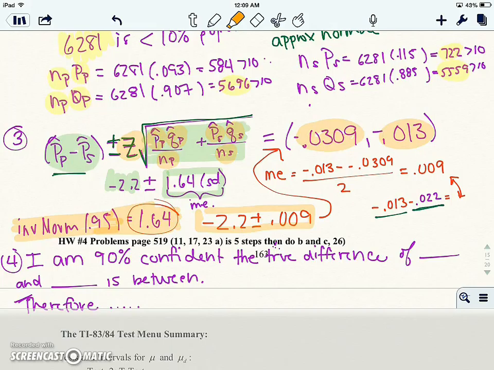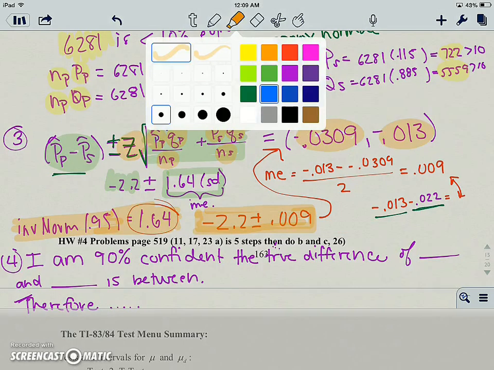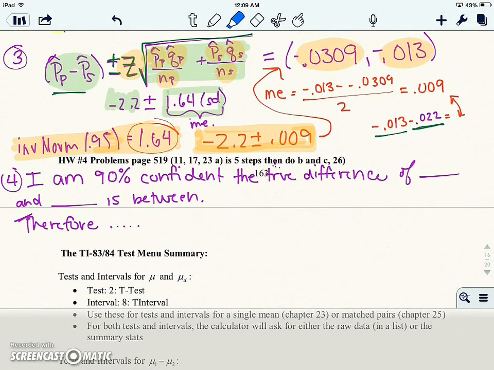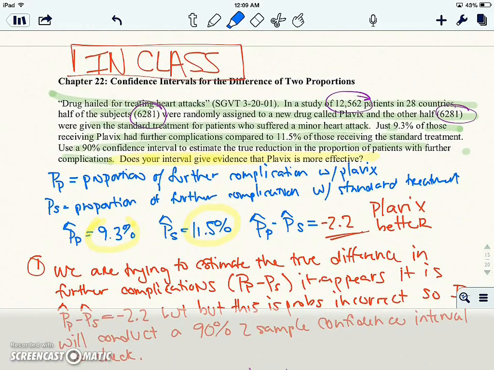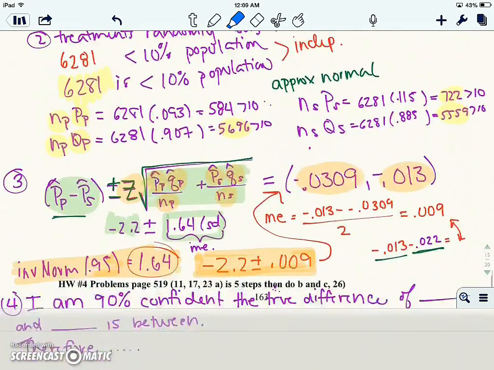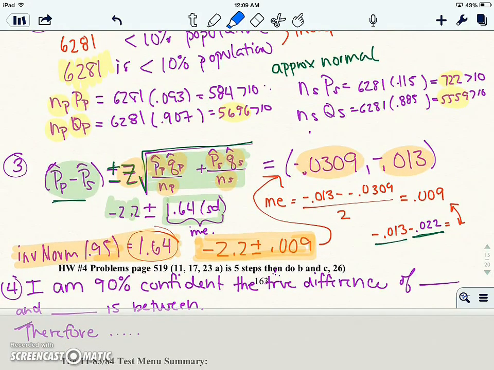And I'm going to show you another one where I've done it in the calculator. The amount of work I'm then requiring is for you to list the z-value and show me that it's the point estimate plus or minus the margin of error. And then you can clearly state your conclusion, which is that I am 90% confident that the true difference of further complications between patients that have taken Plavix versus patients with the standard treatment falls between negative 0.0309 and negative 0.013.